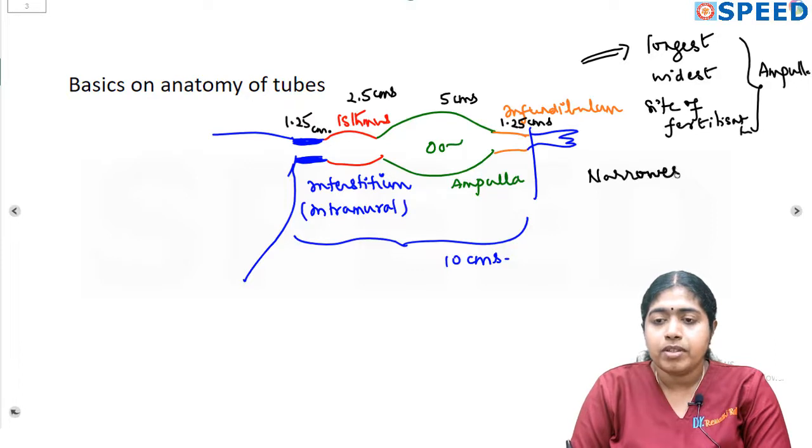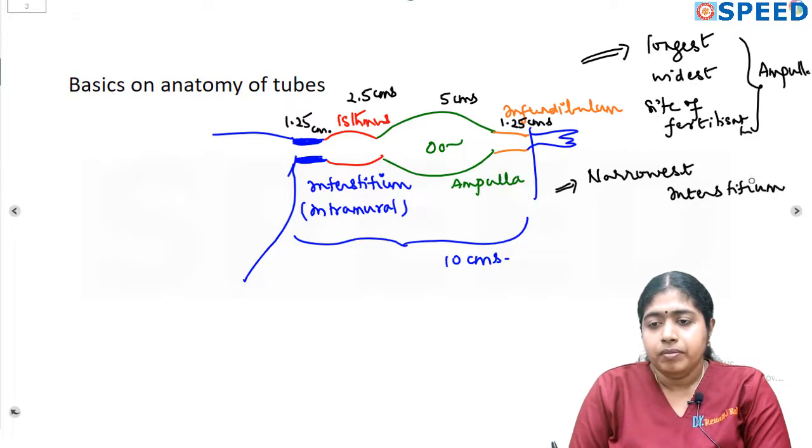So which one is the narrowest part of the tube? You can see here, intramural part, it is very thick because of a thick muscular wall. Narrowest part of the tube is the interstitium. Inference number 2. Fine. If they ask you which part of the tube behaves like a sphincter, which part of the tube is a sphincter?